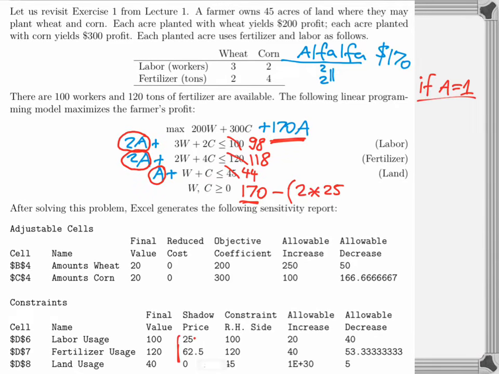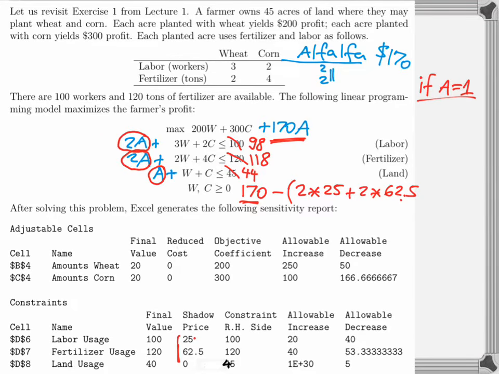If I lose 2 tons of fertilizer, each of them is worth 62.5. So another loss here is 2 times 62.5. And again, let me put back that 45 number, which got erased by mistake. I apologize. This was a 45.